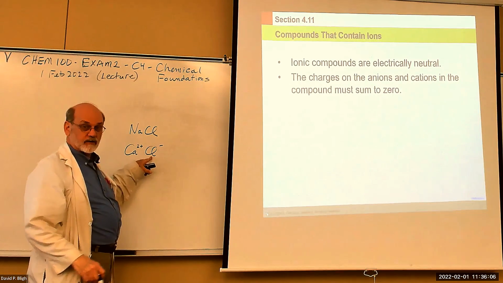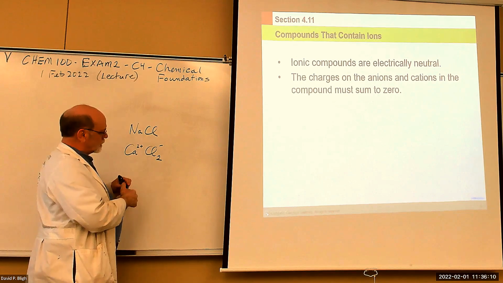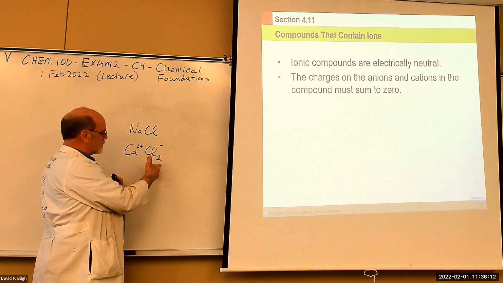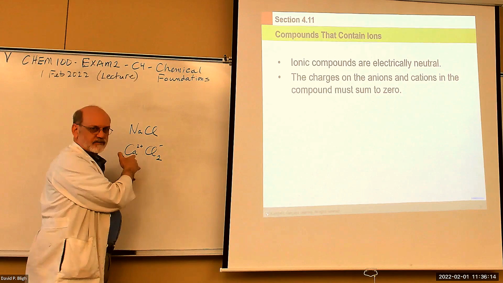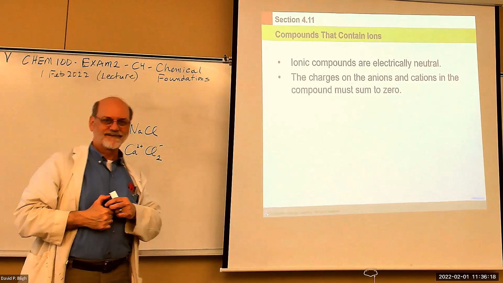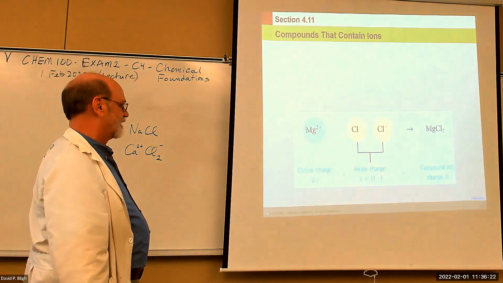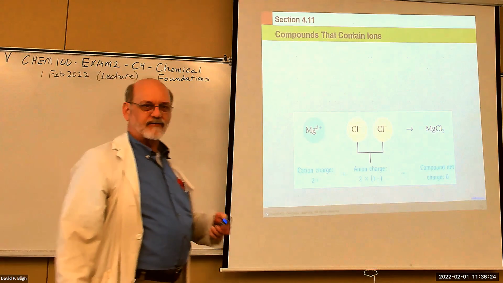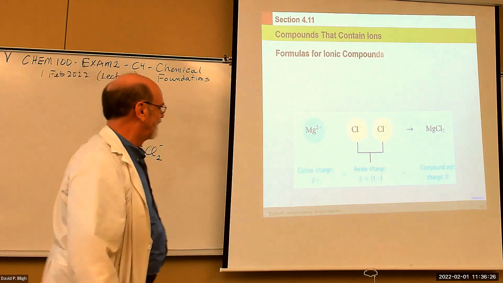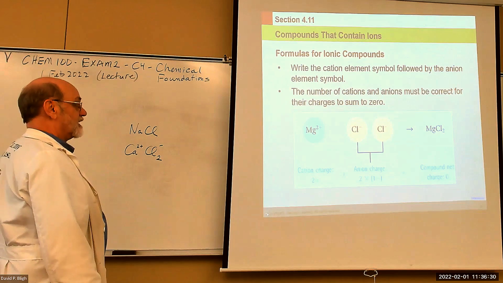We need 2 of those, don't we? So 2 times a -1 is -2, and 1 times a 2+ is a +2. That balances. Okay. Yeah, they use magnesium in this one. Same family. Okay.